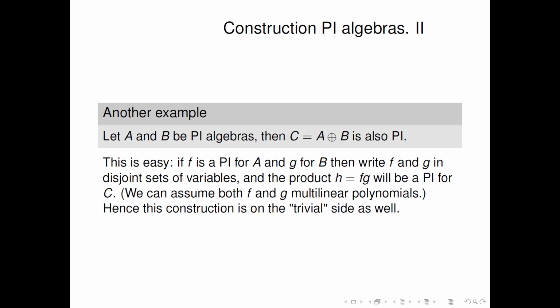Then it is easy, because of the direct sum, since A and B are ideals in C, and they multiply trivially, that this product will be an identity for C. But this construction is also on the trivial side.